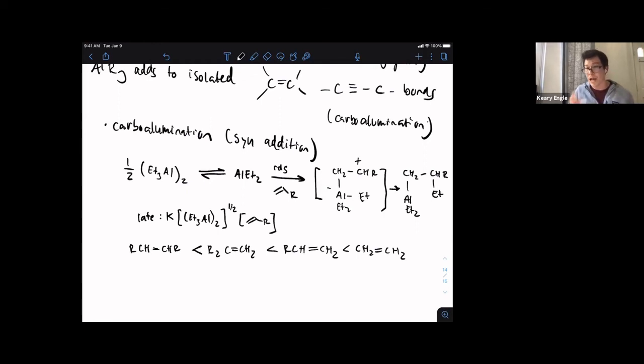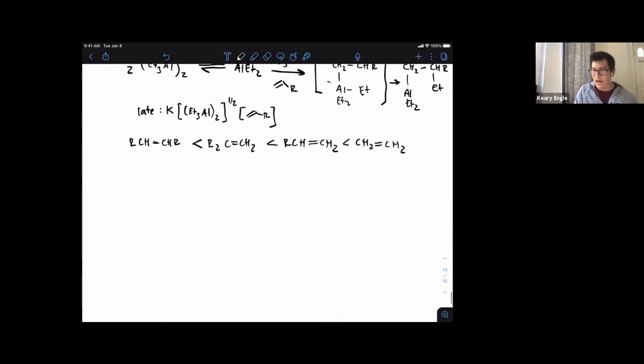And so the most reactive is ethylene, followed by monosubstituted alkene, followed by 1,1-disubstituted and 1,2. And so this difference between 1,1 and 1,2, I think, helps corroborate the notion that you get substantial positive charge buildup in the rate limiting step.